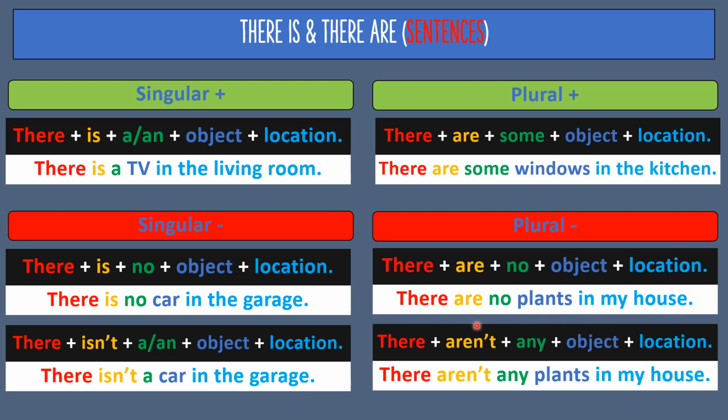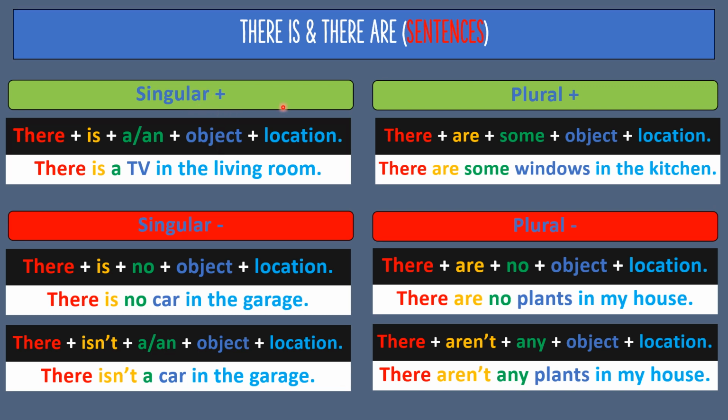There aren't any plants in my house. Again, these two sentences express the same idea. So here the difference is there are no, there aren't any. And here, there is no, there isn't a.